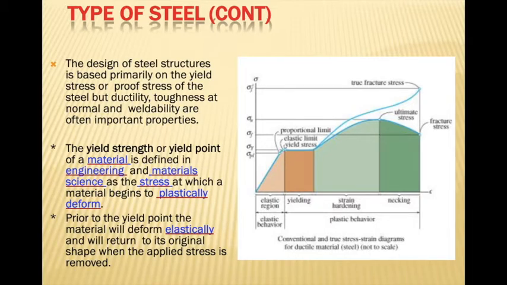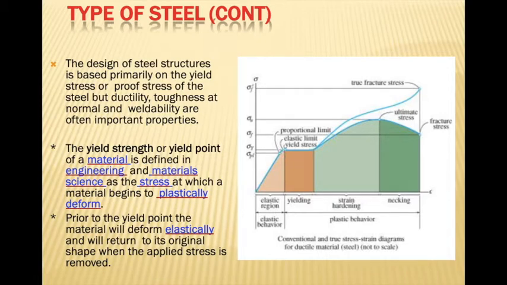As you can see here, when it exceeds the yield strength, the yield limit, it will continue to yield and continue to be under plastic behavior, whereas our steel will continue to elongate until it undergoes fracture or failure of the material.